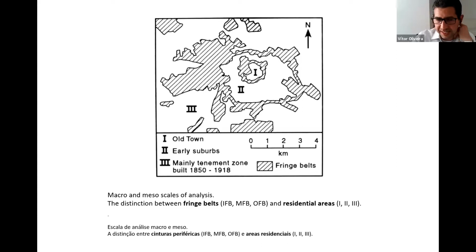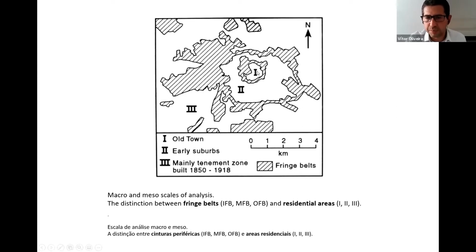Today, we know that that is not true, and the Fringe Belt concept was one of the concepts that changed the minds of people. And what the concept says is that cities are established and they grow, but at a certain moment in time, they are confronted with, for instance, an economic crisis, and they stop growing.